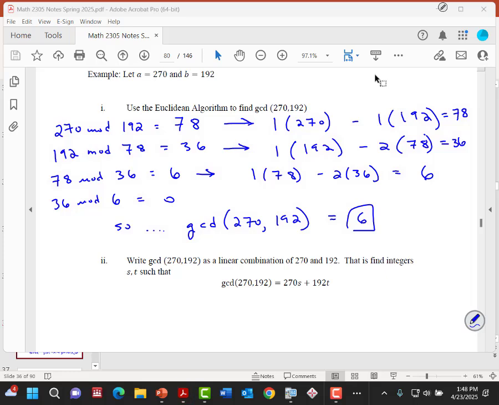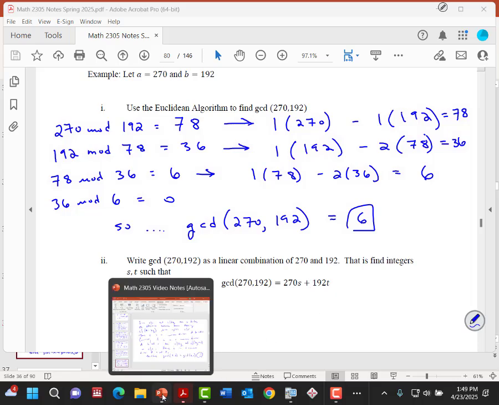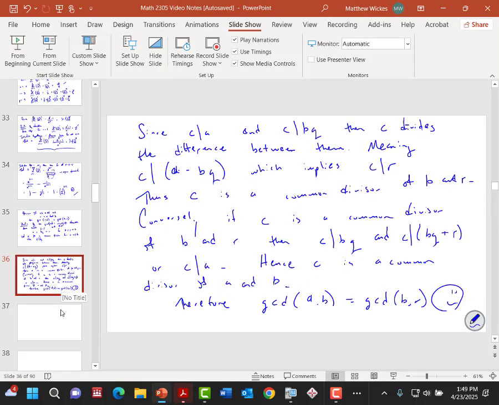Okay, so what we want to do now is we wish to write this GCD, this 6, as a linear combination of 270 and 192. That is, find integers s and t such that the GCD of 270 and 192 equals 270 times s plus 192 times t. So let's see how we might do that.